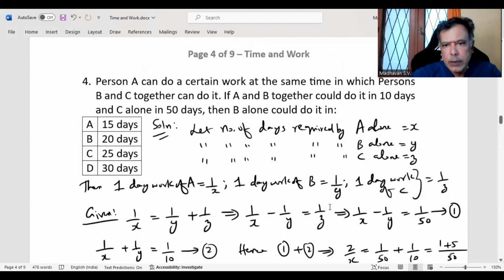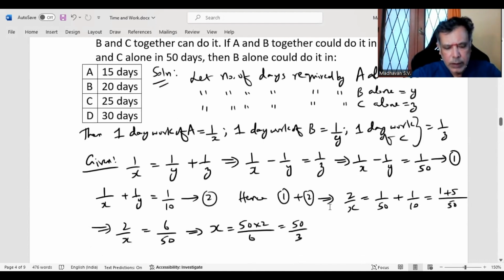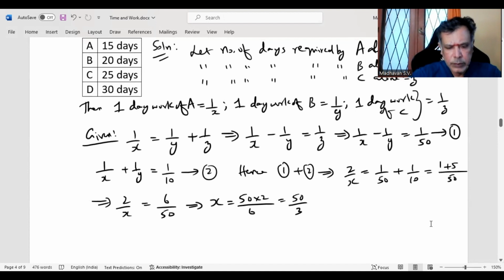Now, since we got the X value, let us consider the second equation. We have 1 by X, which is nothing but the inverse of 50 by 3, which is 3 by 50, plus 1 by Y is equal to 1 by 10.